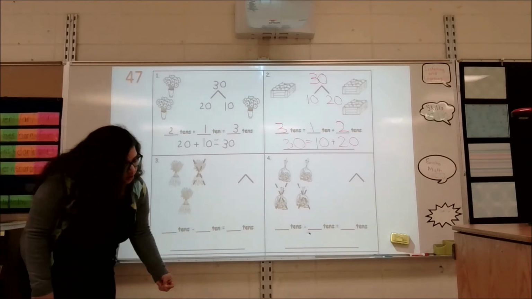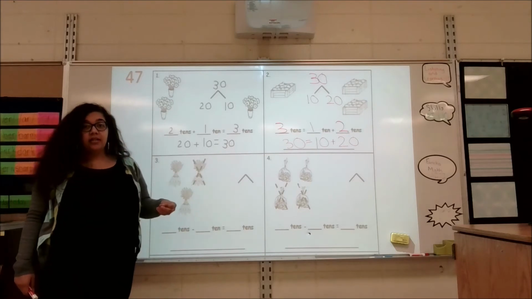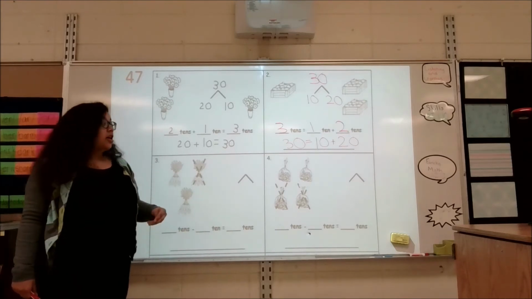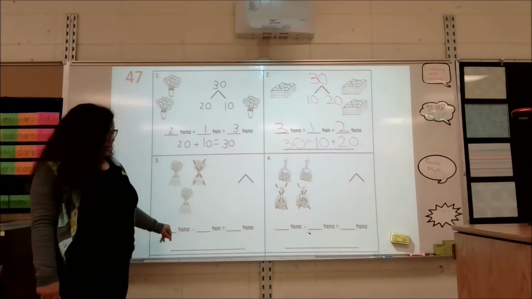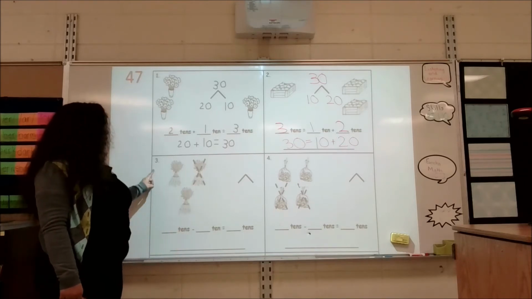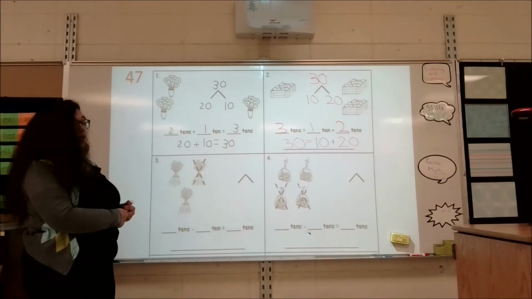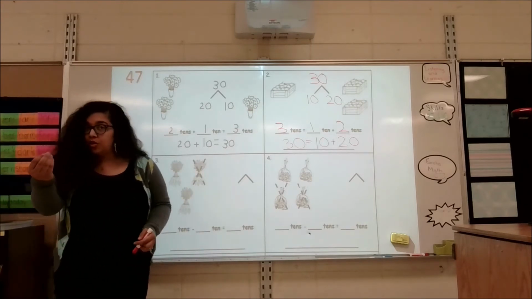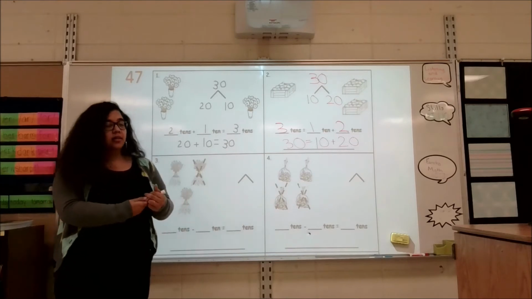Now let's change the unit. Instead of saying bunches of carrots, say tens. So 3 tens minus 1 ten is equal to 2 tens. Correct? All I did was switch from bunches of carrots to tens.